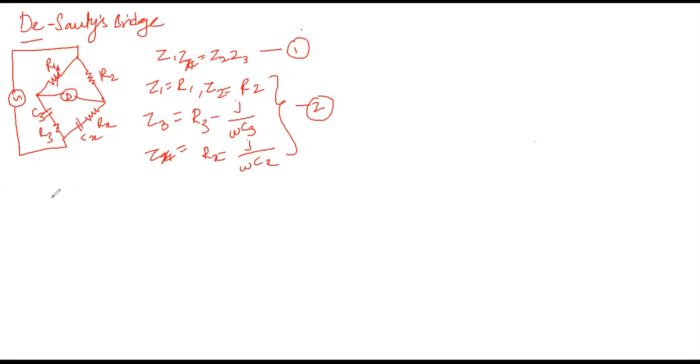So what do we get here? Z1 is R1, Zx is Rx minus j divided by omega Cx, is equal to R2, and Z3 is R3 minus j divided by omega C3, right? So solve this equation.